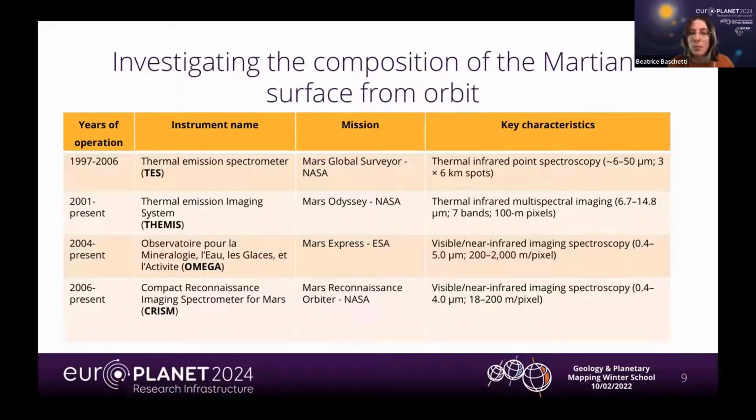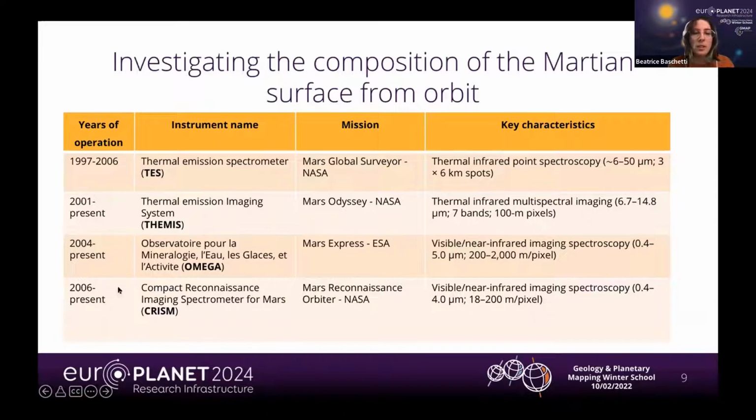Okay, so we'll now move to talk about what instruments we can use to probe the composition of the Martian surface from orbit. Here I've listed four. The first one is the TES spectrometer onboard Mars Global Surveyor.